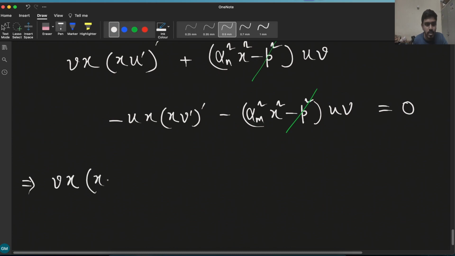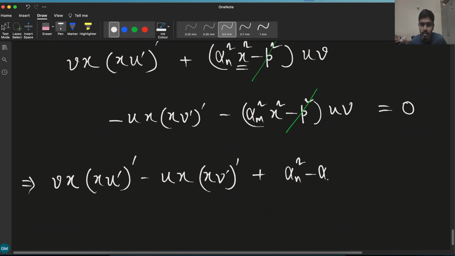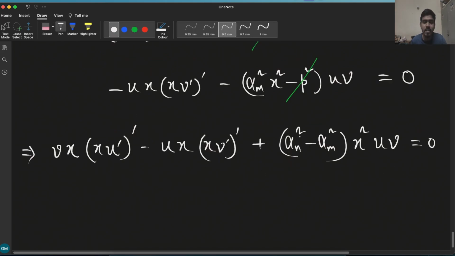v x times (x u dash) whole dash minus u x times (x v dash) whole dash plus, if I take this x square common, then I will get (alpha n square minus alpha m square) times x square times u v, and equals to 0. Now x is a variable, so it can take any value, it can take values other than zero also.